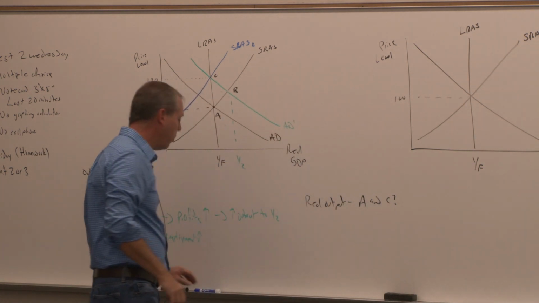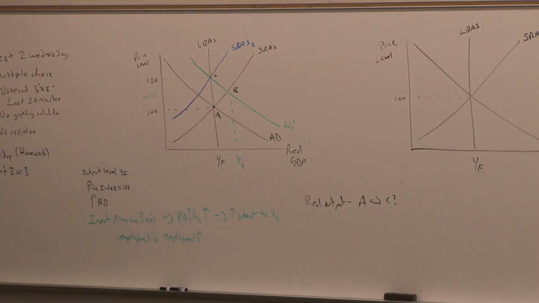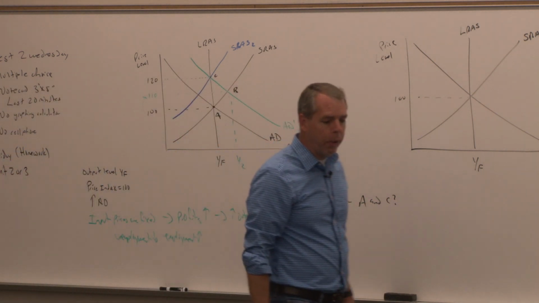So same thing as before. We start off at some full employment level of output YF. I'll just have our price index equal to 100. It's just the easiest number, I think, for students to deal with. So we have this price index.